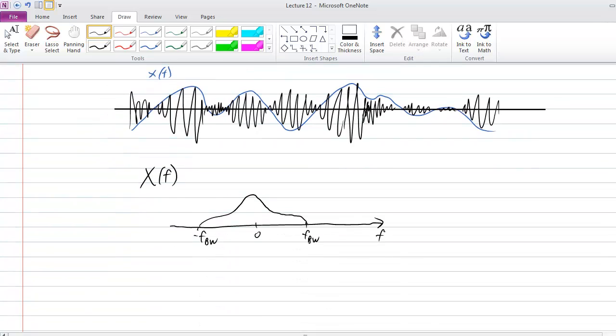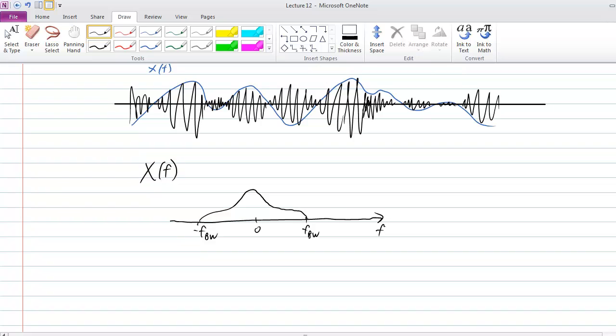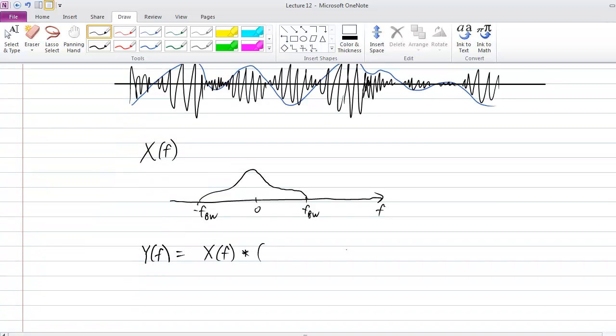So we shouldn't expect it to behave like a linear time invariant system, but we do have a multiplication property. So we know that y of f equals x of f convolved with the Fourier transform of cosine. What's the Fourier transform of cosine?